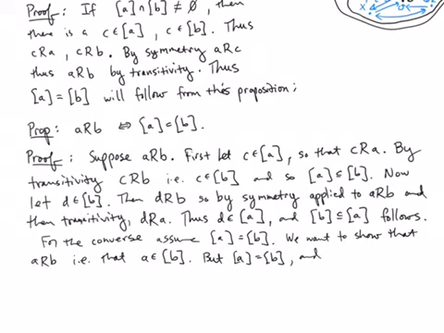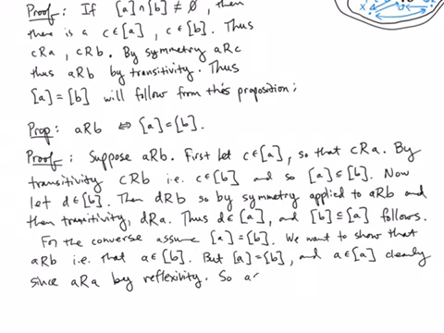And A is in the equivalence class of A clearly, since A is related to A by reflexivity. So A is in the equivalence class of A, and that's equal to the equivalence class of B. So A is in the equivalence class of B, and we're done. This completes the proof.